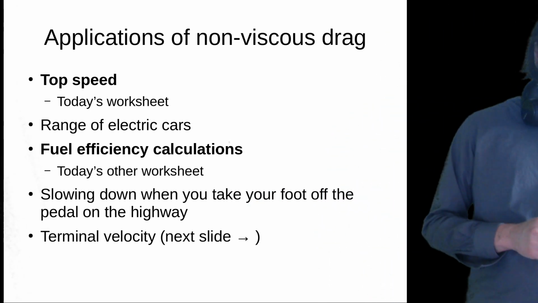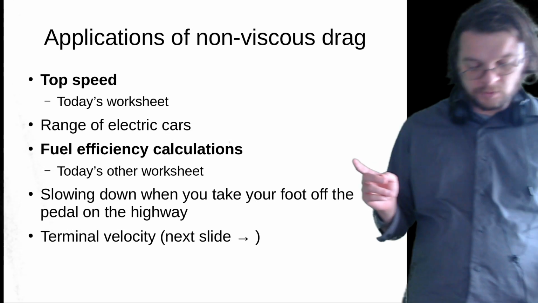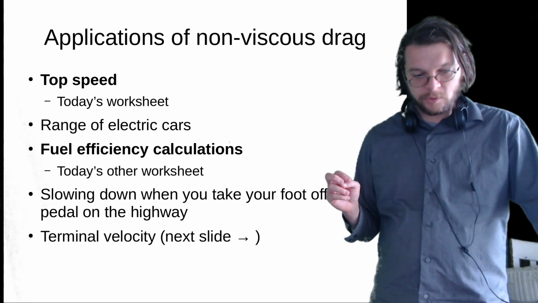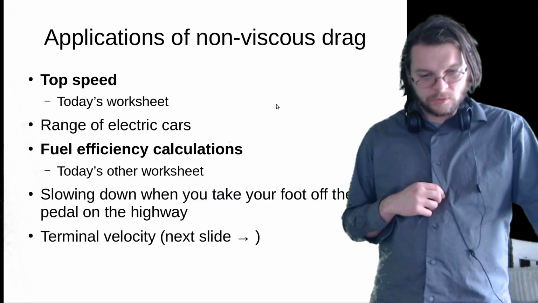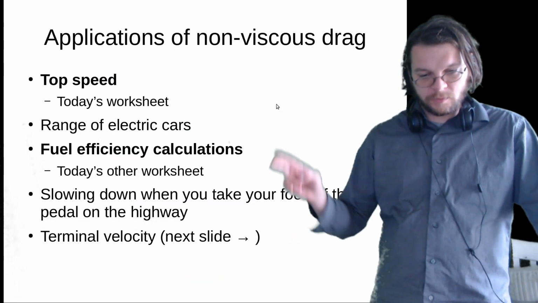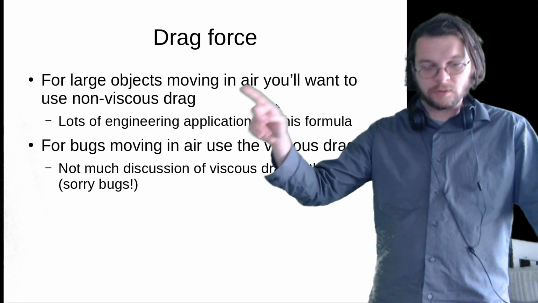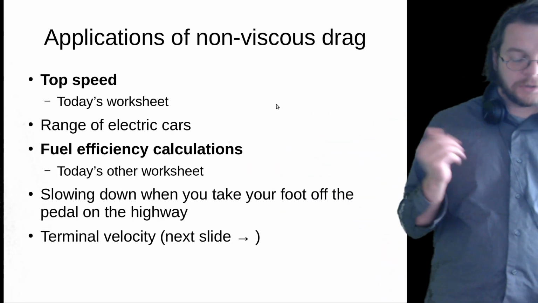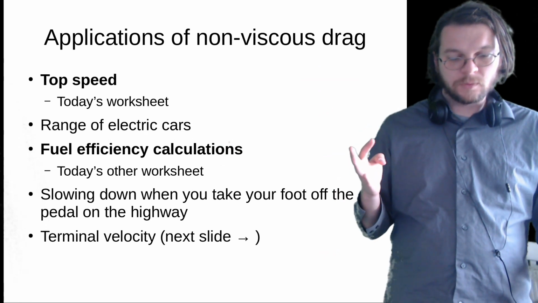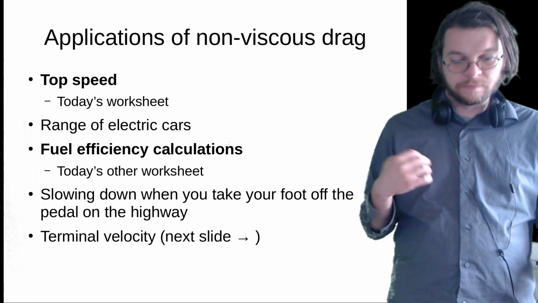Okay. The next slide starts to talk about terminal velocity. And so terminal velocity is relevant both to non-viscous drag as well as to viscous drag. And actually the next example is viscous drag. Terminal velocity is a very fancy word for the maximum velocity.